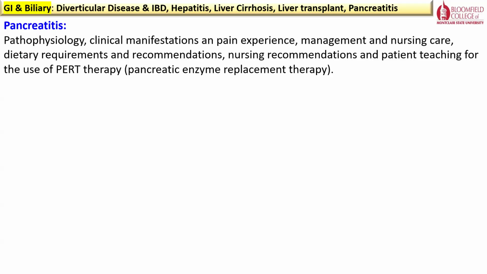Also, IV fluids should be used to prevent dehydration, because one of the most significant manifestations of this disease is dehydration. Keeping the patient NPO makes it even more heightened and worse. So that's why we have to do a good IV fluid replacement.